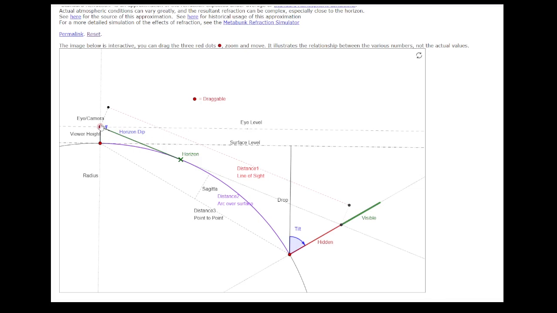It's the same thing, but it's a horizontal line. So yes, you can talk about eye level in a number of different ways. In these models, eye level is often meant to mean the height above the surface, and it doesn't necessarily matter which way that person is looking.